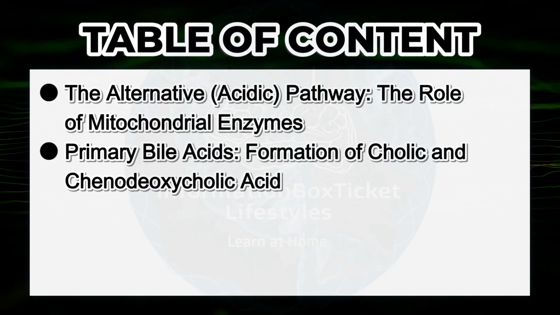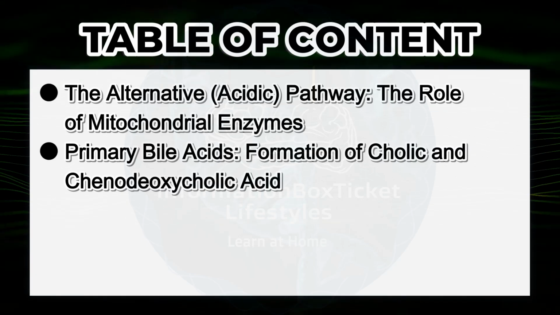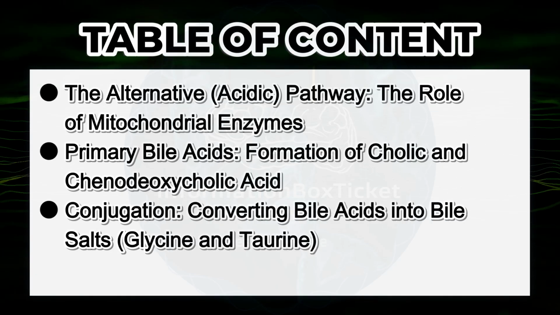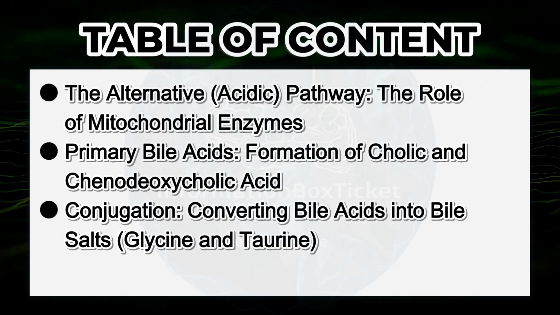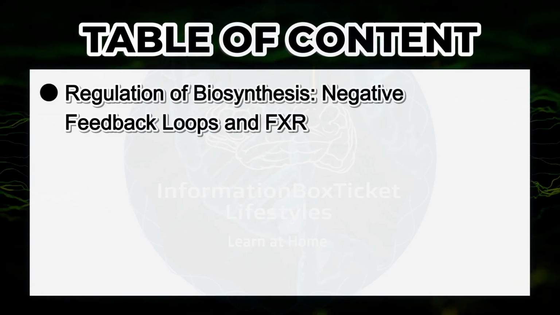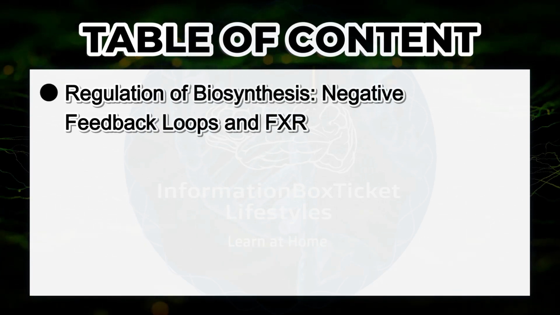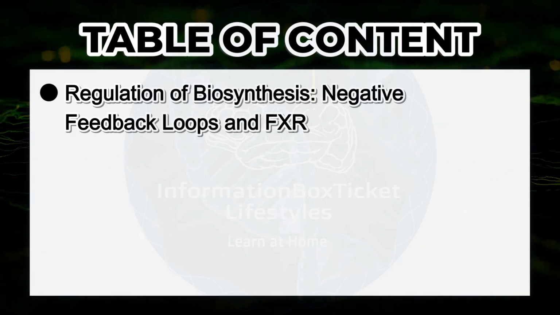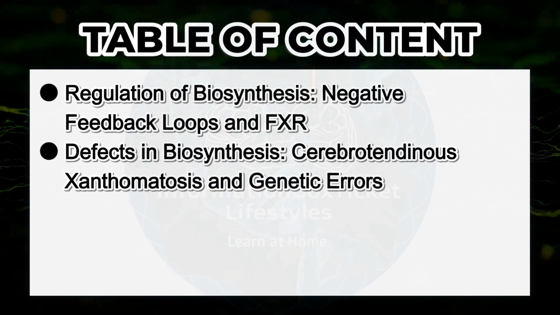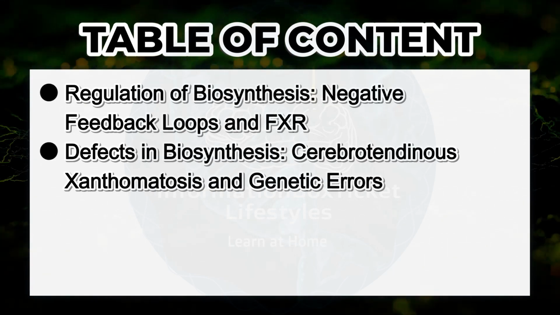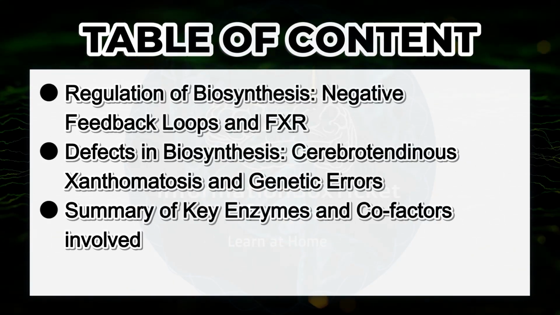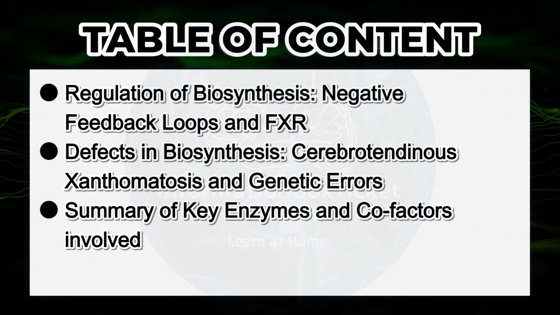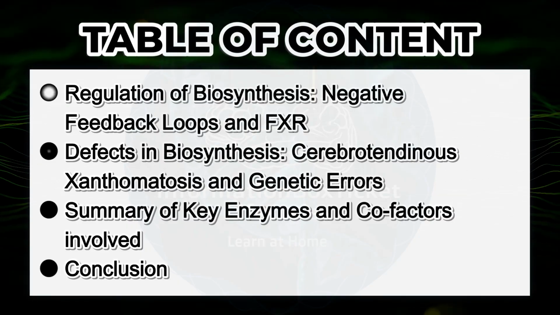Primary bile acids, formation of cholic and chenodeoxycholic acid. Conjugation, converting bile acids into bile salts, glycine and taurine. Regulation of biosynthesis, negative feedback loops and FXR. Defects in biosynthesis, Cerebrotendinous Xanthomatosis and genetic errors. Summary of key enzymes and cofactors involved. Conclusion.